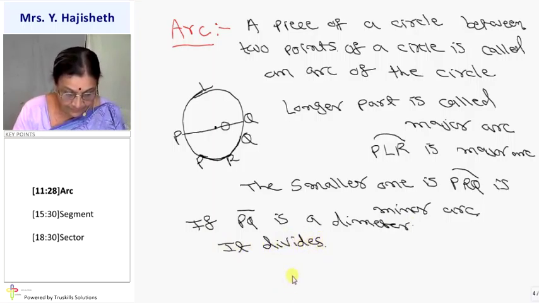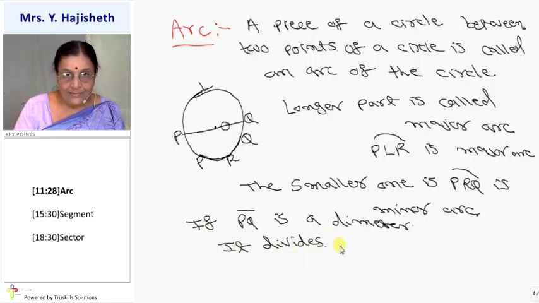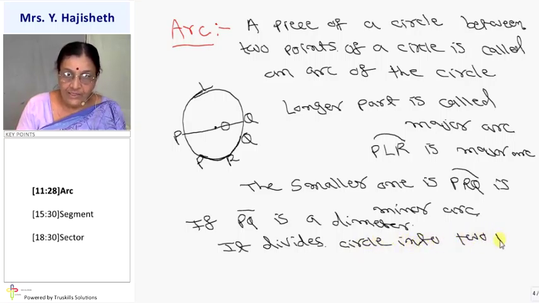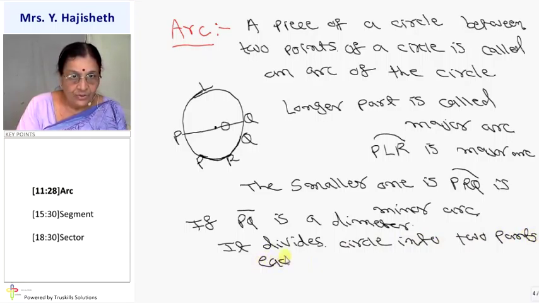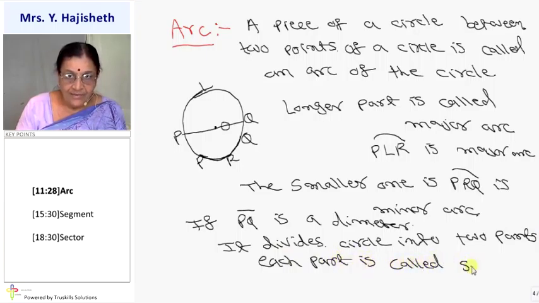It divides the circle into two parts. Each part is called a semicircle.